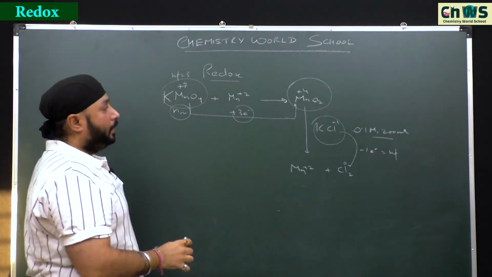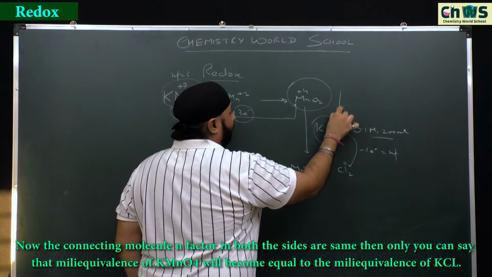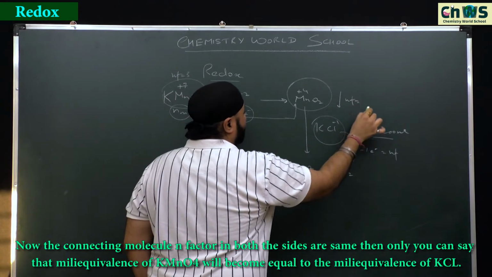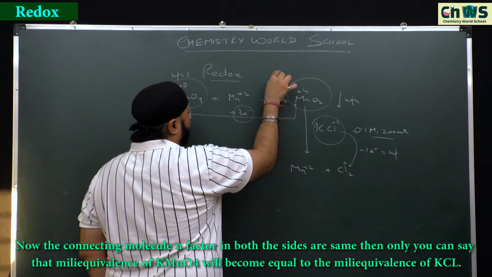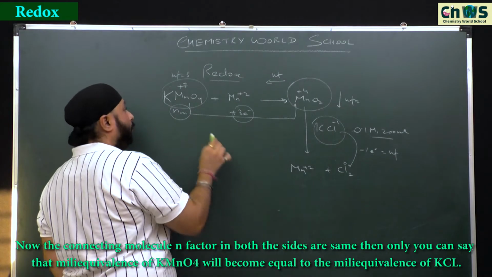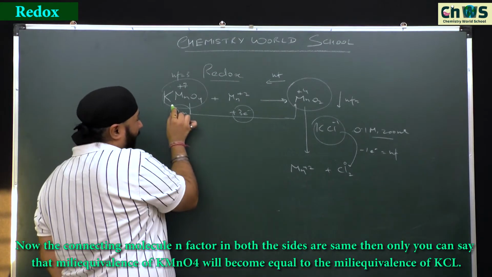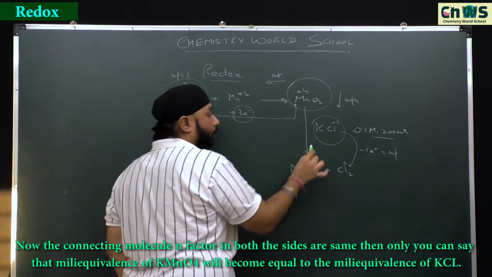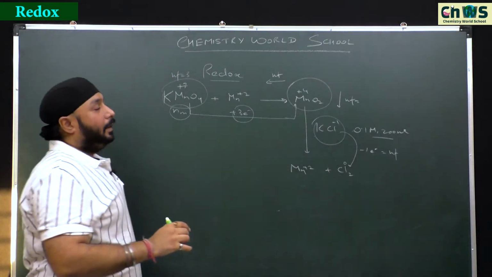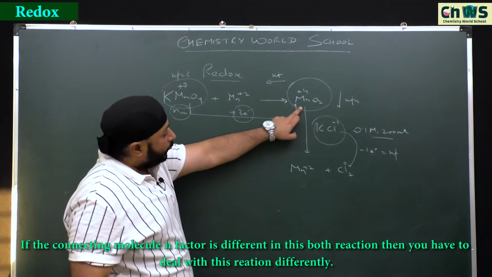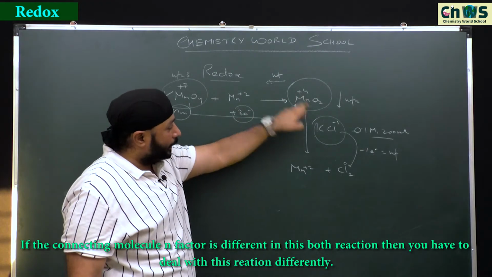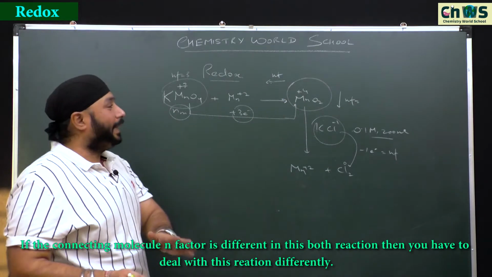If the connecting molecule's n factor on both sides is the same, then only you can say that milliequivalents of KMnO4 will equal milliequivalents of KCl.